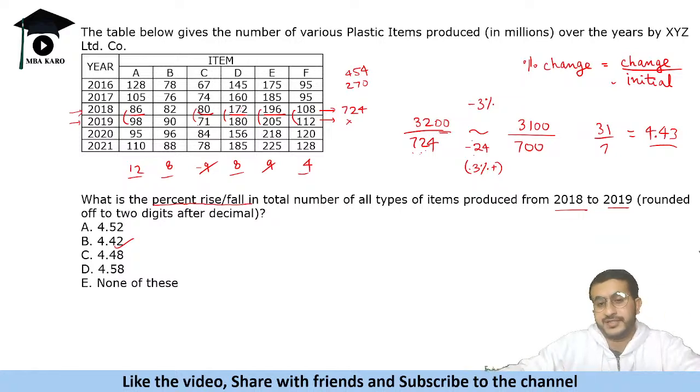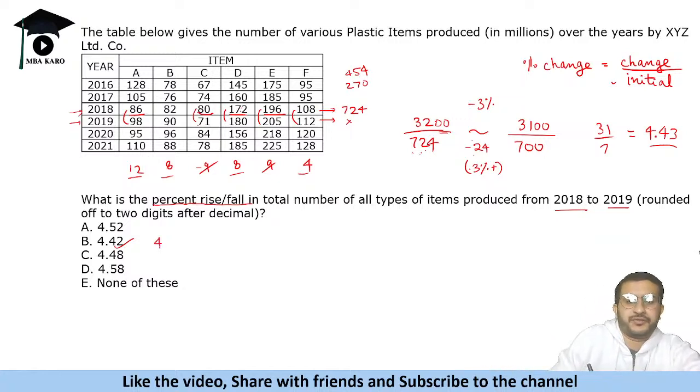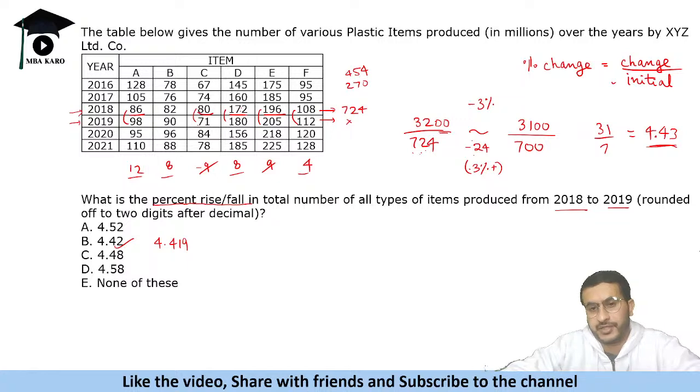ठीक है, कैलकुलेटर से निकाल के देख लो. 32/724, 4.419 आ रहा है. Okay, actual is coming as 4.419. And what we got as an approximate answer is 4.43, which is very close to the actual number.